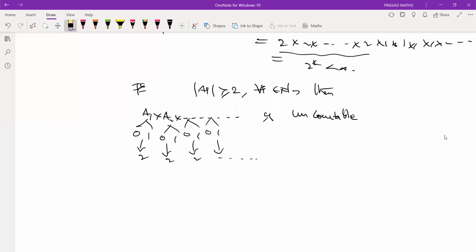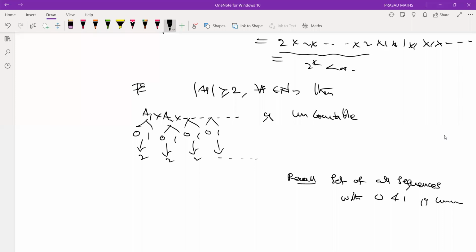So we have seen that before. Just recall the concepts. The set of all sequences with 0, 1 entries is uncountable, right? This is looking like a sequence, A1 cross A2 cross A3 going on.